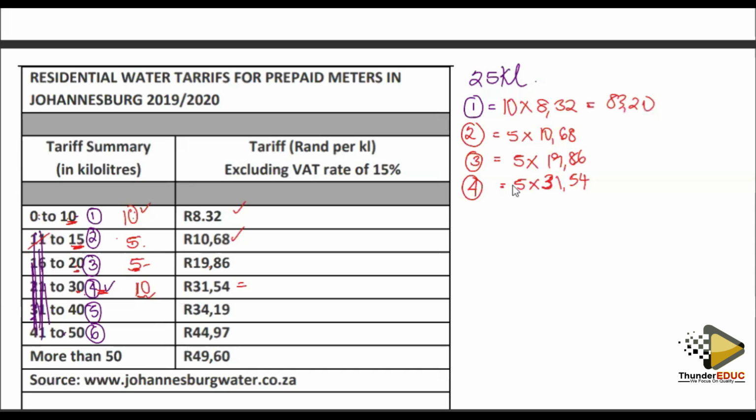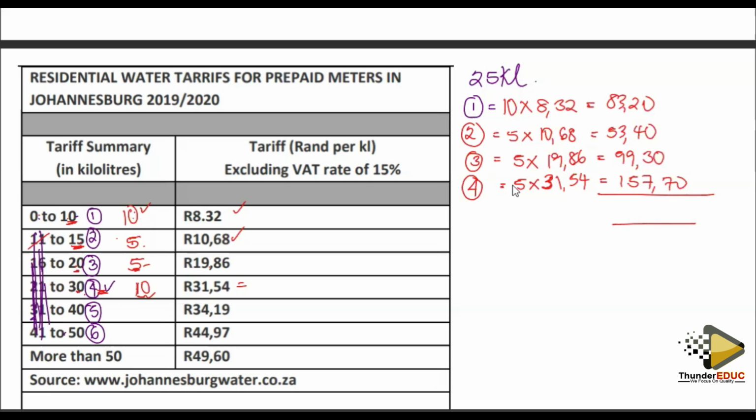We have the answer 53 rands 40 cents. 5 times 19,86, we have the answer 99 rands, 30 cents. Here we have 5 times 31,54. We have 157 rands, 70 cents.